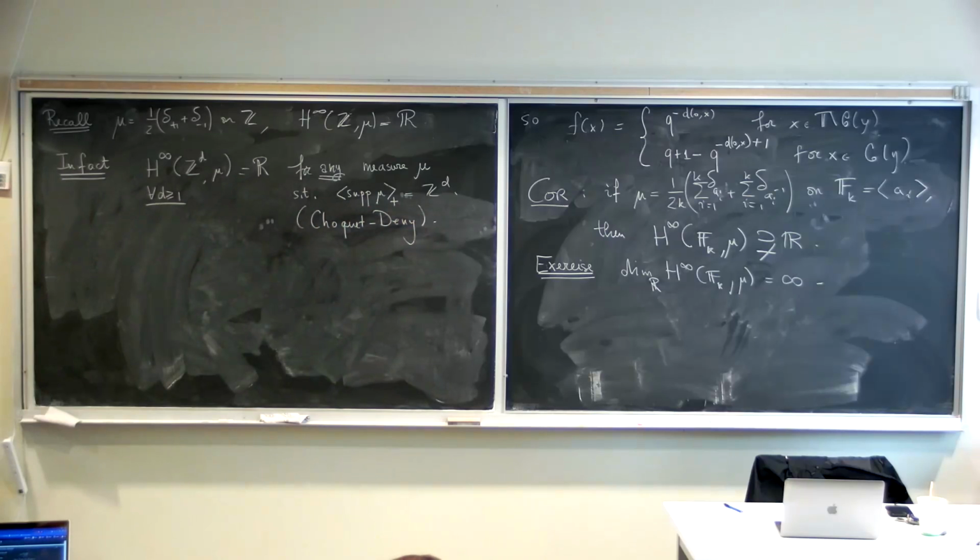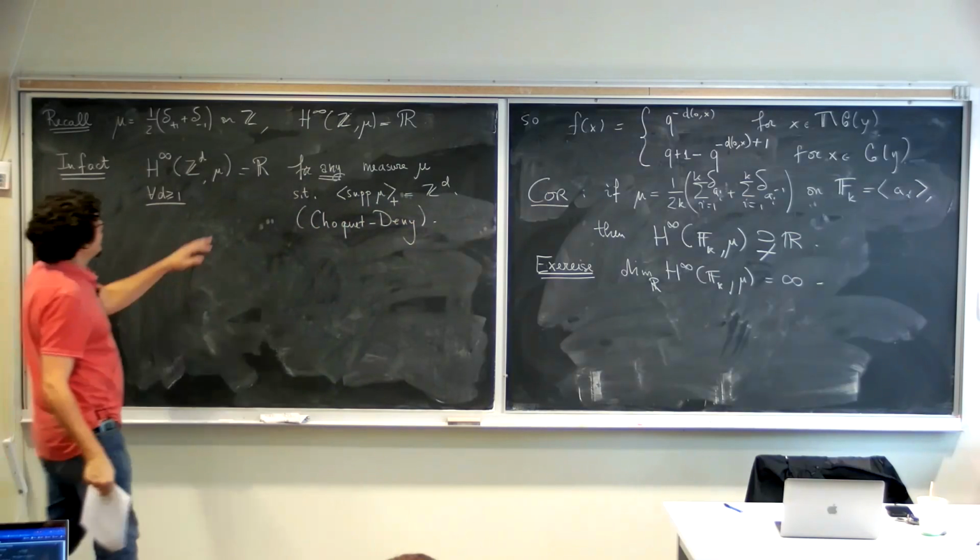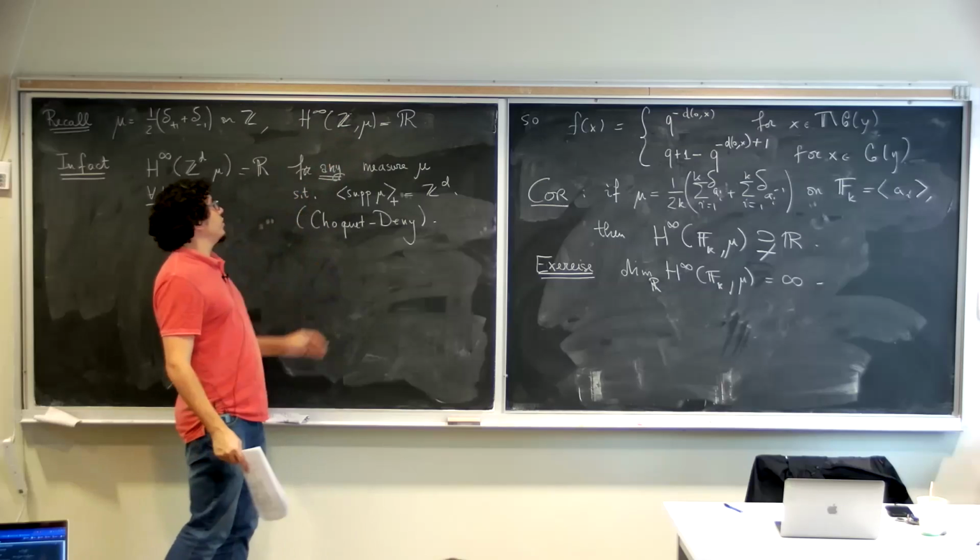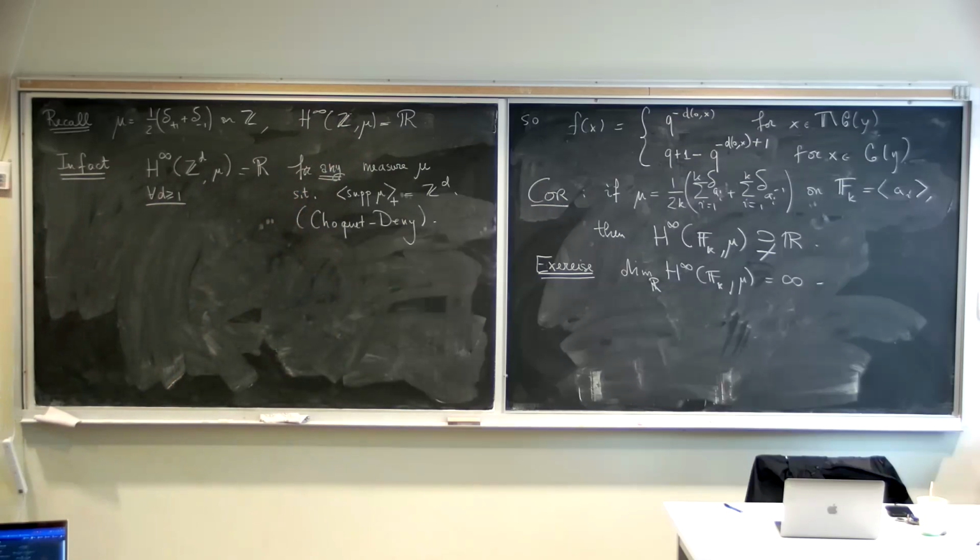We won't see the complete proof of this, but we will see two different proofs, at least that the simple random walk in Z^d, in Z^2, has no harmonic functions.